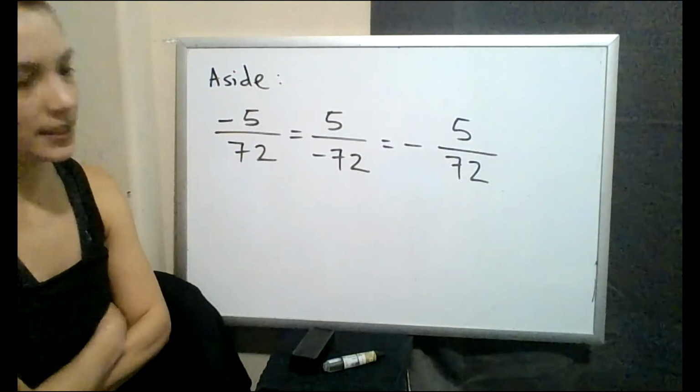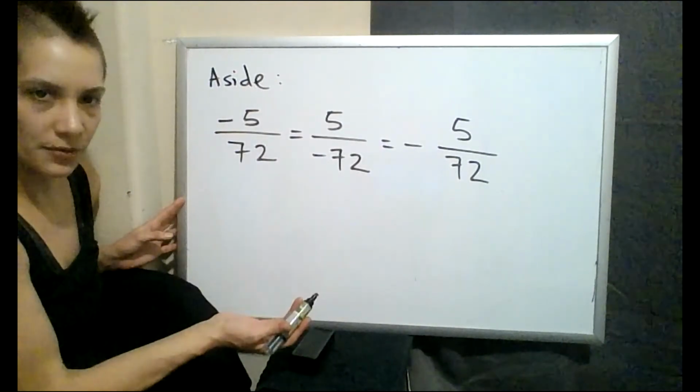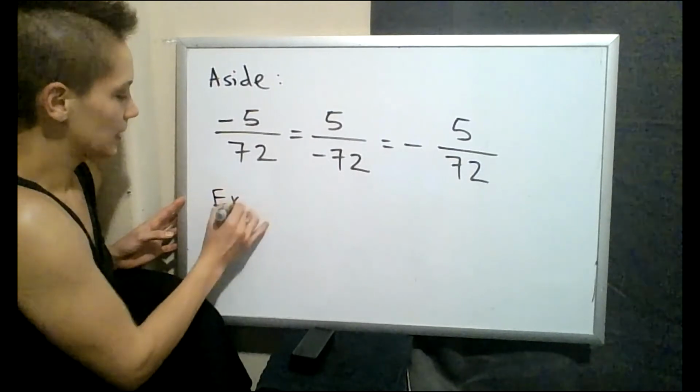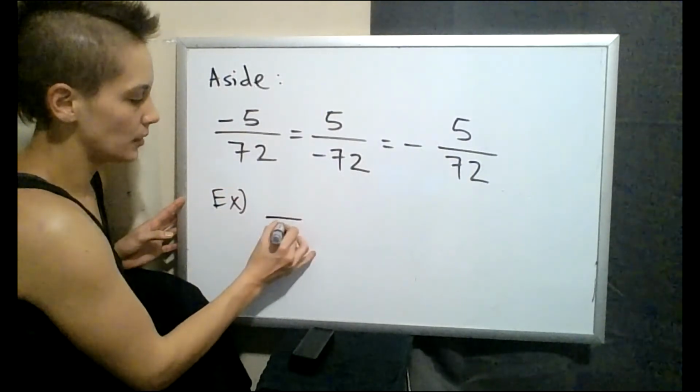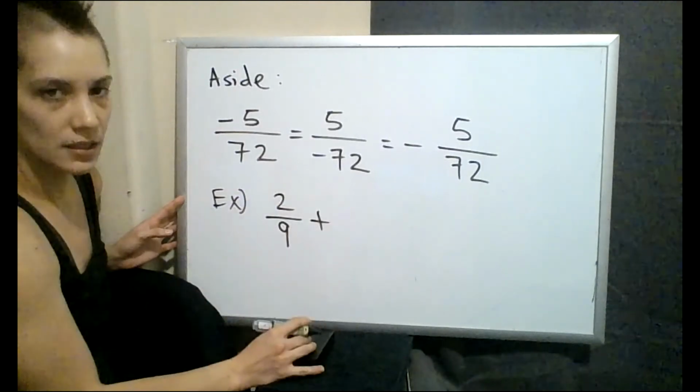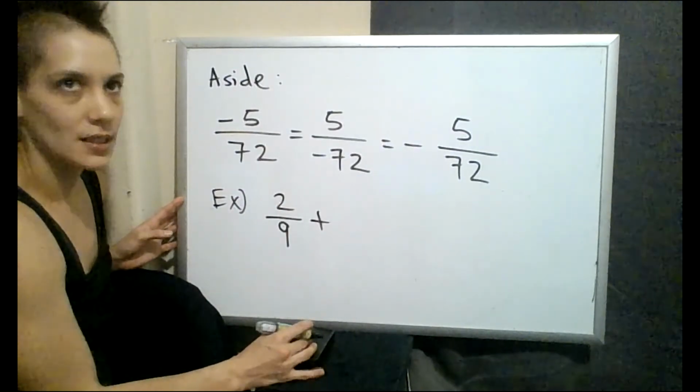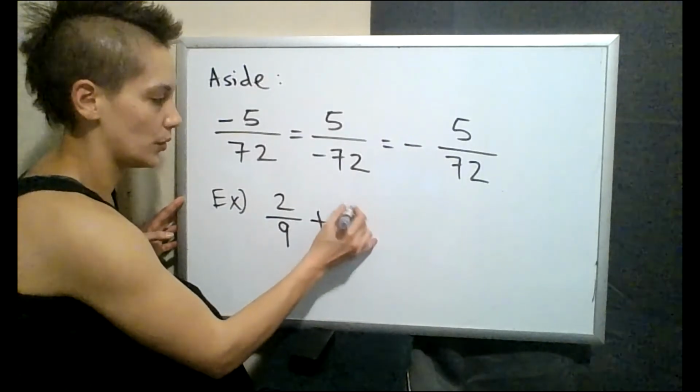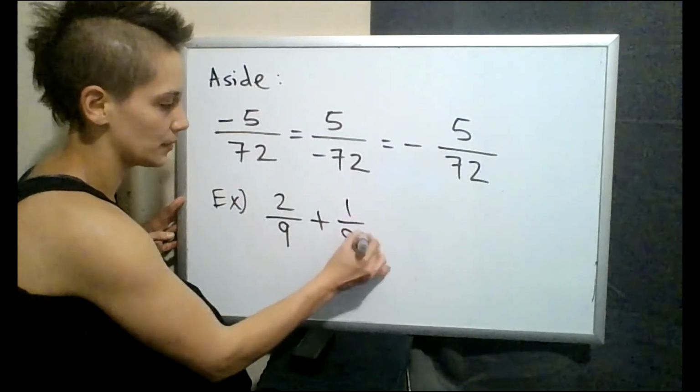Okay, last one. Let's try something with like 3 fractions in it. Let's do something over 9 plus 1 over 90. That works.